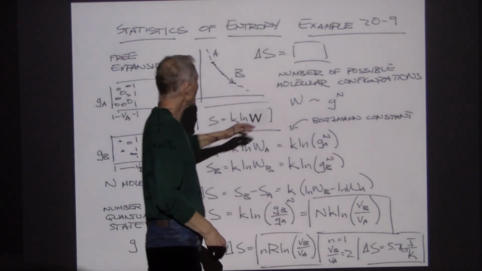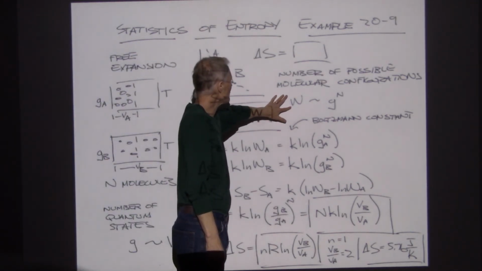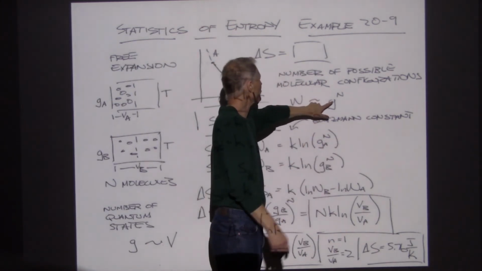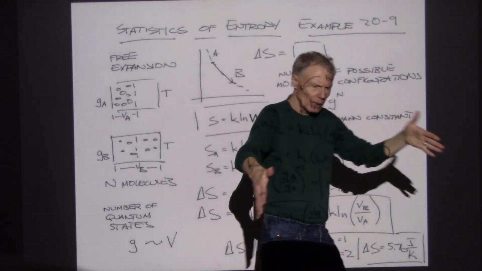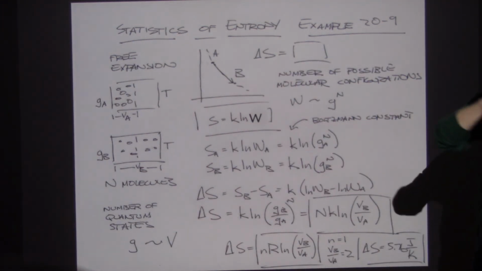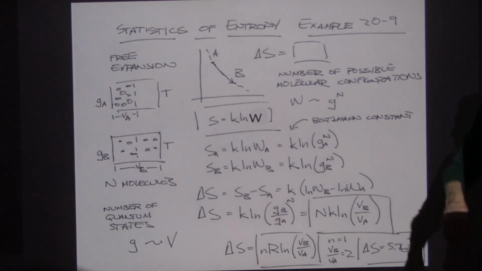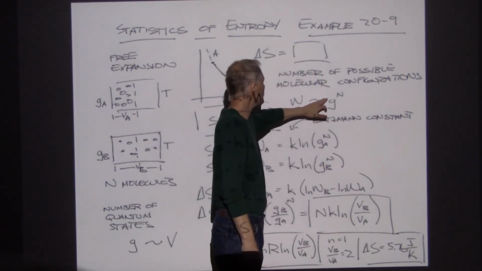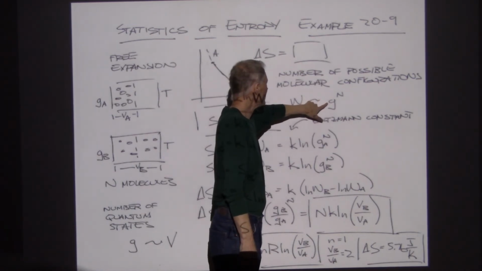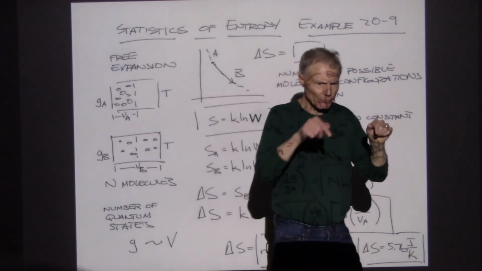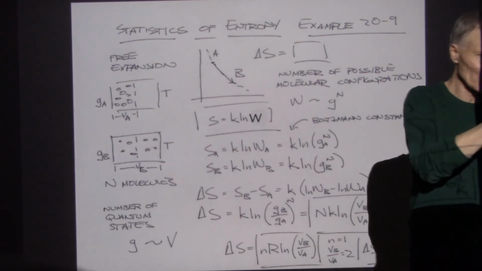Now, if we think of molecular configurations, let's say we have 100 different quantum states available to these molecules, and each molecule can go into any one of those quantum states. Well, that says that the number of different configurations would be 100 to the n power. Right? There's 100 different ways the first molecule could select its quantum state.